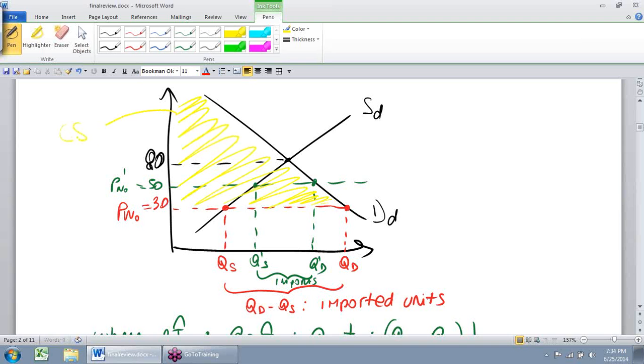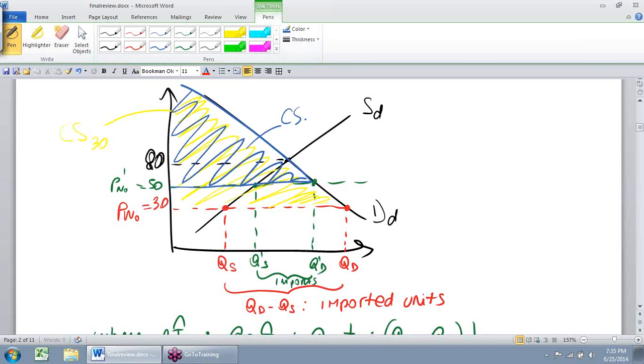This is the CS when the price is 30. What is the new consumer surplus when the price goes up to 50? The new consumer surplus is the new triangle above 50 and below the demand curve. So this is the consumer surplus when the price is 50.